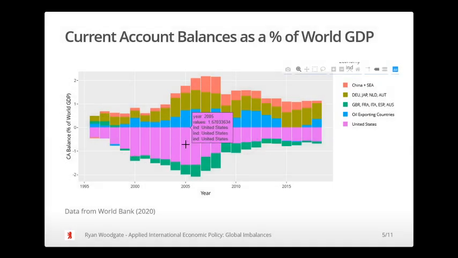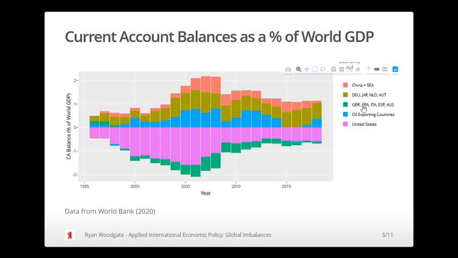So the United States is, in some sense, the consumer of last resort in the world economy for the last couple of decades at least. And so some people, when they discuss the global imbalances phenomenon, present it as the same as asking why the United States is such a persistently deficit country. Because it's basically almost saying the same thing. But of course, it's not quite the whole case.